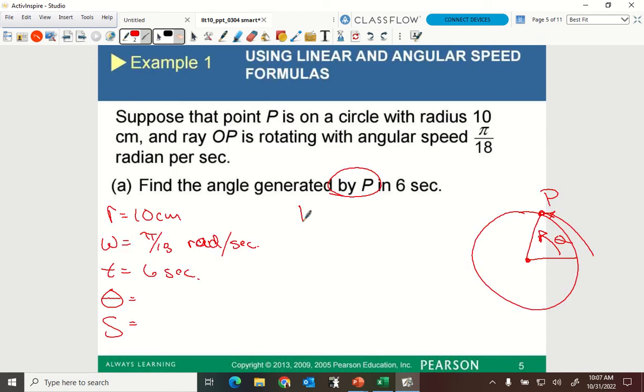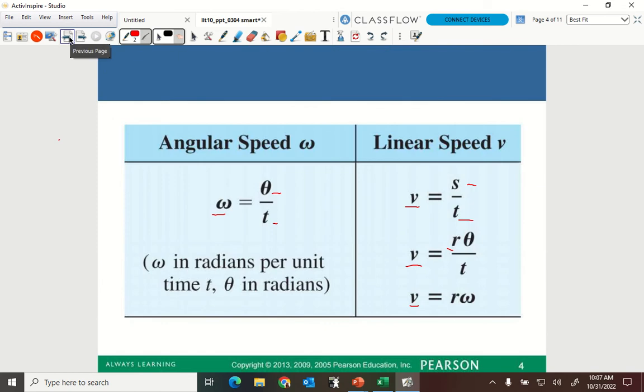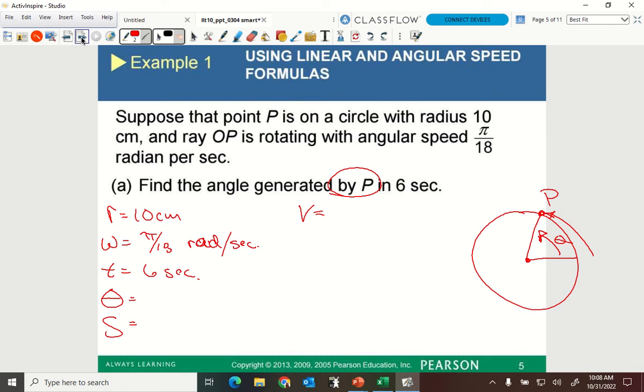So r, theta, t, r, w, v, all those are accounted for on here. We're going to find all of these. That's the reason why I said I want you to list them all. You're going to have to find them all.